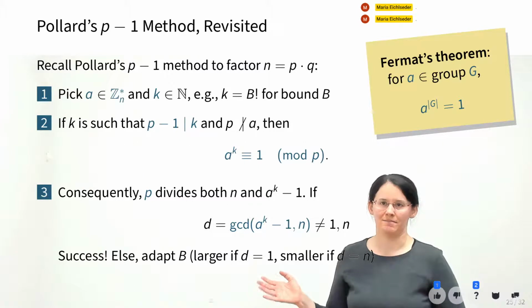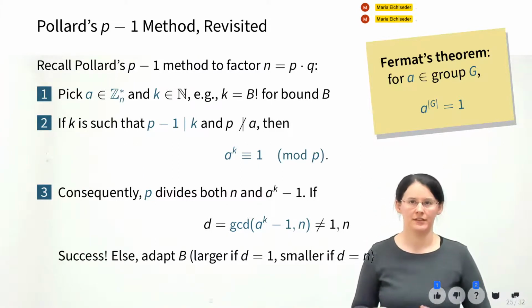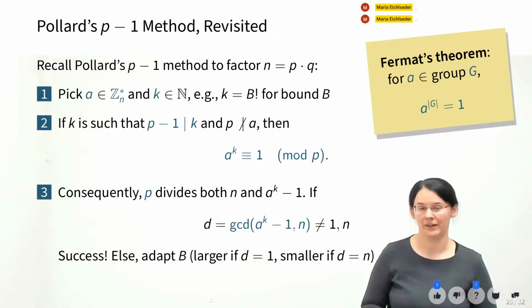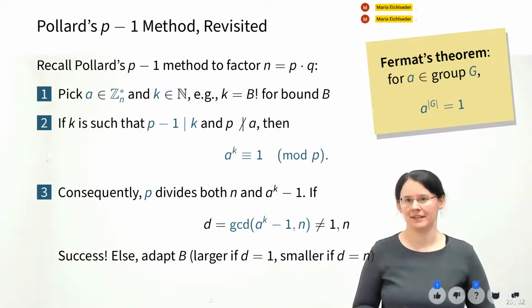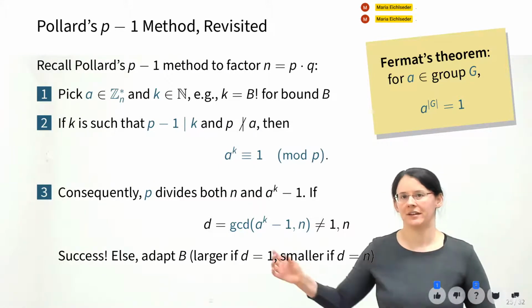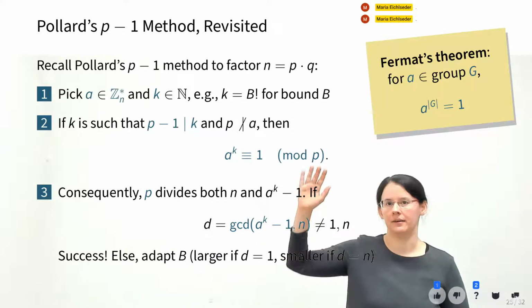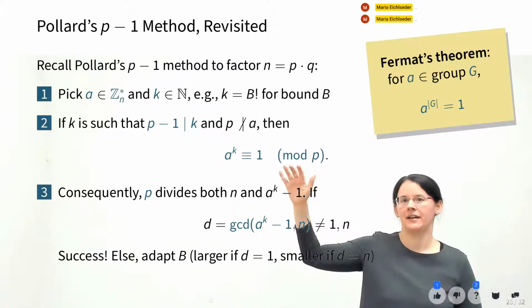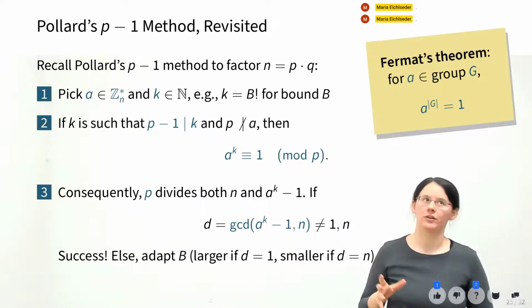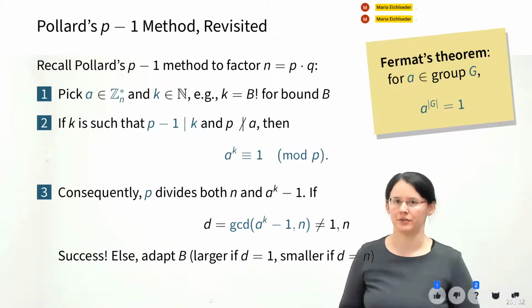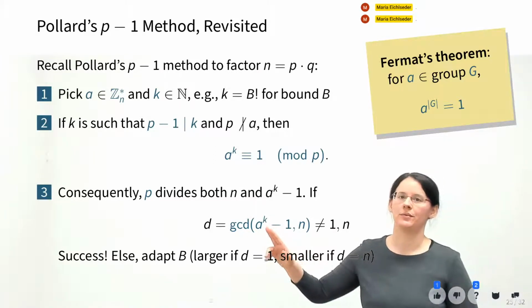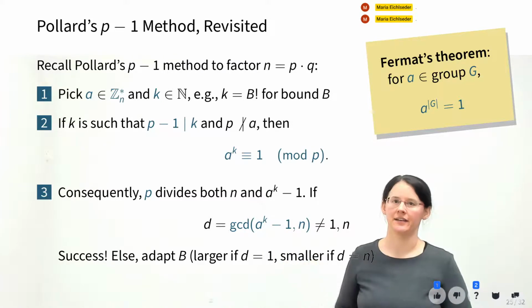The problem about this algorithm in the original way is the following. It only works in some cases. It only works if this group has an order which has only small prime factors, because then I can with reasonable efficiency find a k that achieves this.